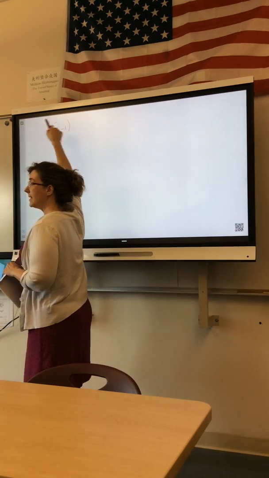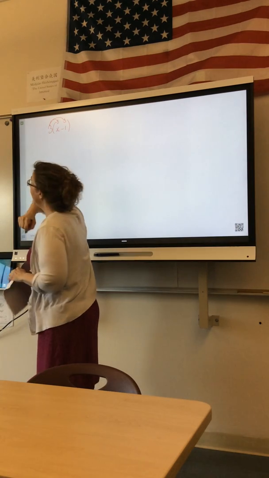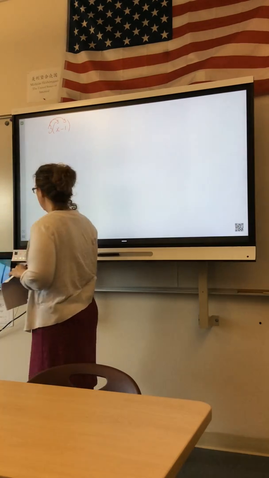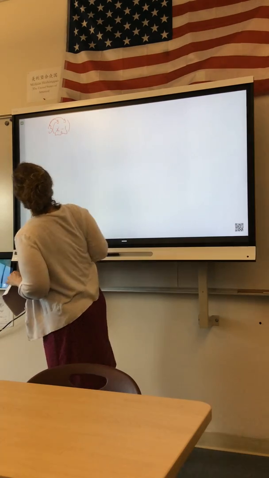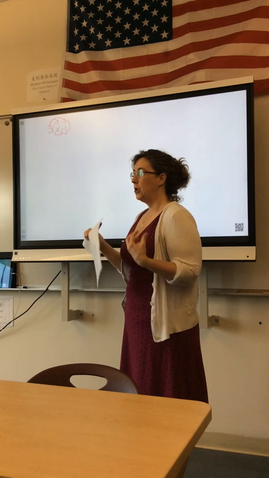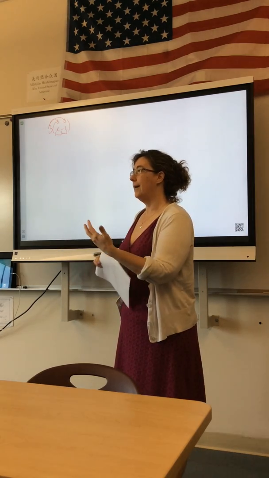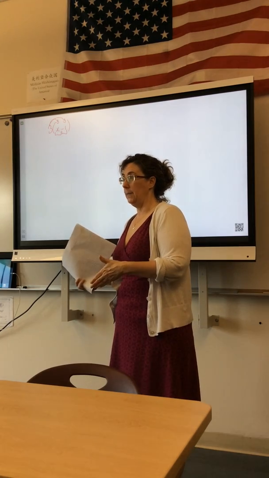If I want to expand this out, I'm going to multiply the 3 into the parentheses, and I want to identify the terms that I'm going to multiply it into. And this is where addition and subtraction turn into whether or not it is a negative or a positive number.